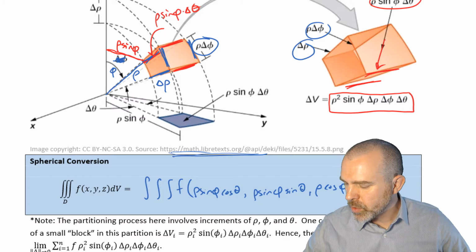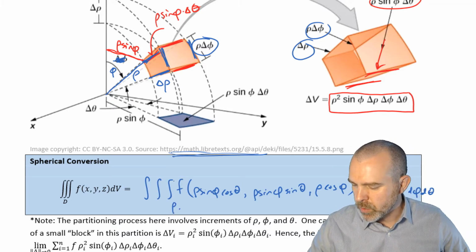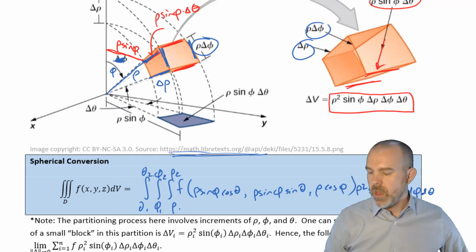And then it's rho squared sine phi d rho d phi d theta. And then it would go from rho 1 to rho 2, phi 1 to phi 2, and theta 1 to theta 2.